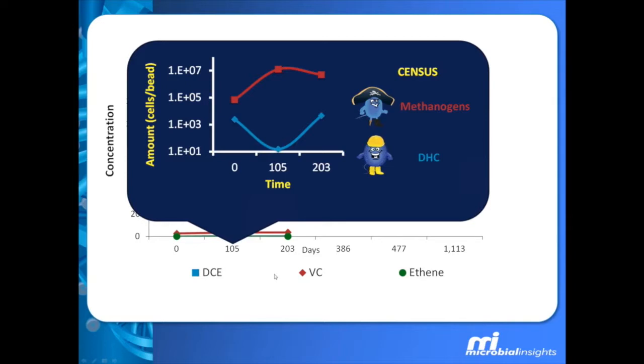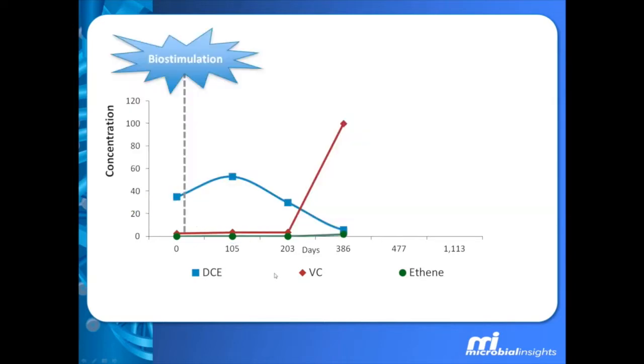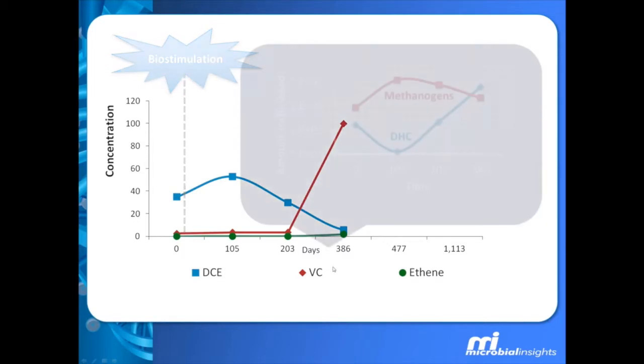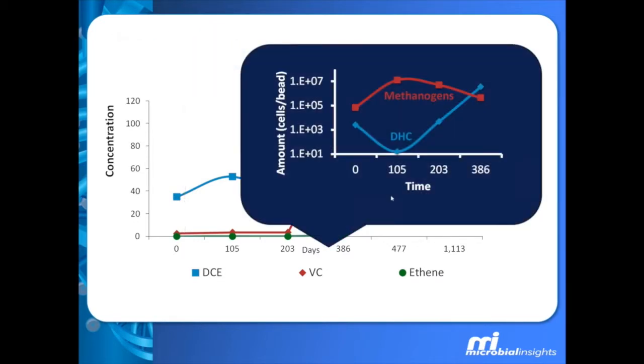If we go on in time, now we see the DCE concentration starting to go down and the vinyl chloride concentration starting to go up. We're also starting to detect ethene. And once again, if we look at the microbial results, accompanying this favorable result in the COC concentrations, we're seeing the concentrations of methanogens going down, and now we're seeing the concentration of dihelicoides going up.